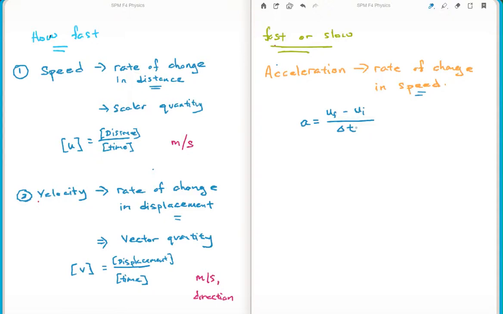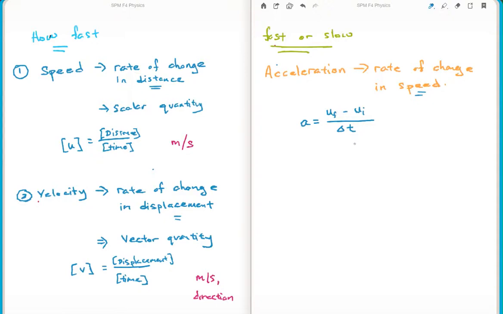If you subtract two numbers, say the final is very fast, 50 meters per second, but initially it's only 5 meters per second, and the time to increase from 5 to 50 is 6 seconds, you subtract them and divide by the time.